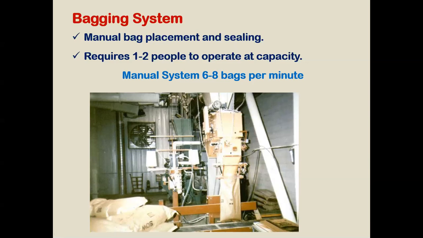From here we can pack it properly, and which requires 1 to 2 manpower to operate it, and in a manual system around 6 to 8 bags per minute we can seal it and we can pack it. So bagging system is also very much important, and trained persons should be required for bagging and sealing that bag.